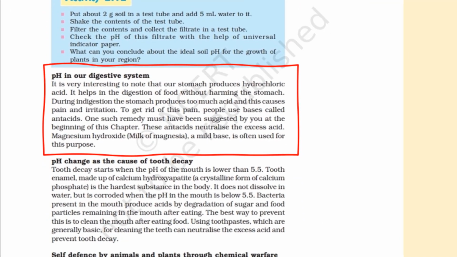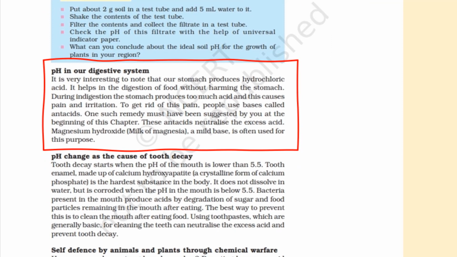Now, what about the digestive system? You must be aware that in our stomach there is a repository of dilute hydrochloric acid. This dilute hydrochloric acid actually helps in the process of digestion, especially of proteins, but it does not harm our stomach.